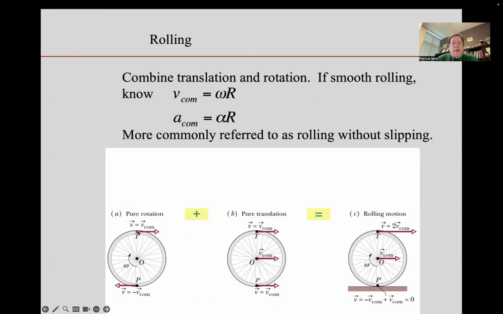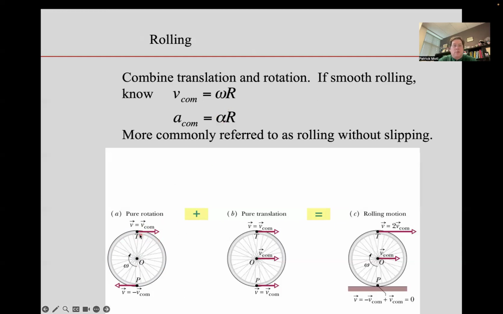So rotation, if I look at points on the outer edge of the wheel, I have a velocity vector that's going to be tangent to the wheel, and it corresponds to a length of omega times the radius of the wheel. So I have a whole bunch of vectors tangent to the wheel, and their length is all the same for the rotational motion. It's going to just be omega times r.